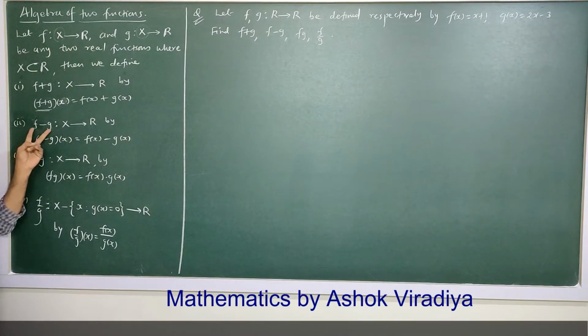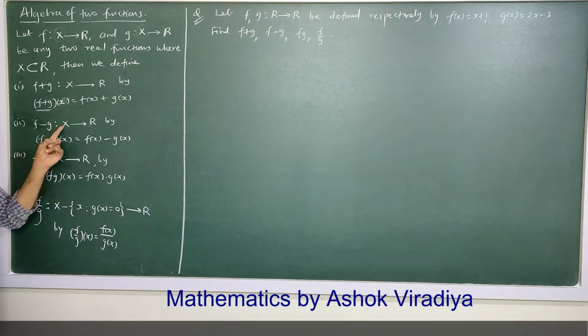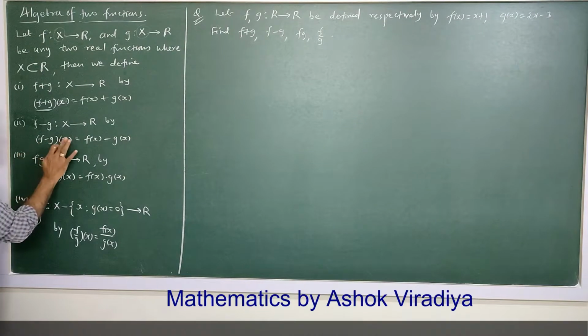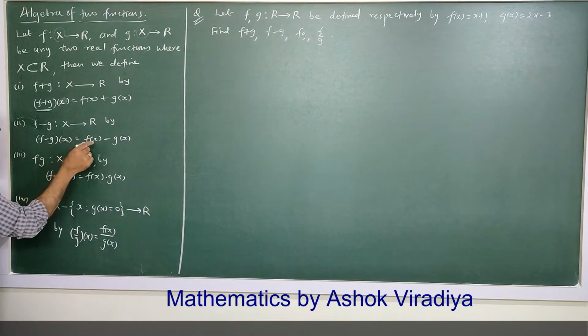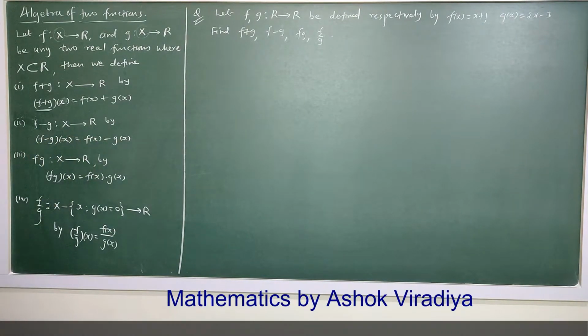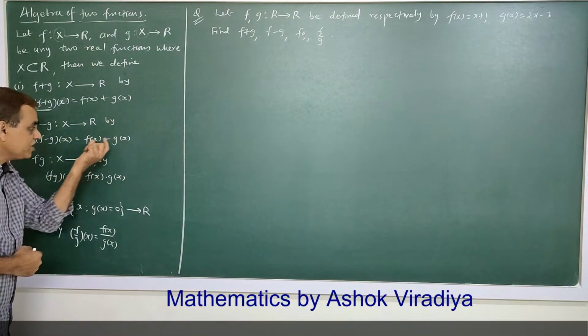So f minus g is also from X to R. This is a new function obtained by the difference of two functions, and it is defined by: in this machine, if you put x, then (f minus g) of x is f of x minus g of x. The image of x under the difference of two functions is equal to the difference of their individual images.